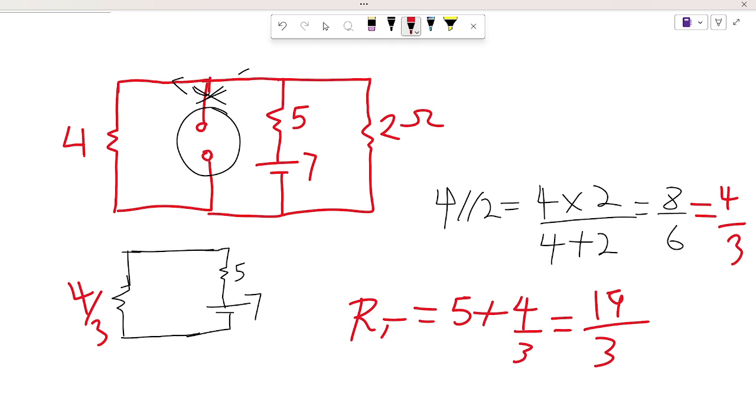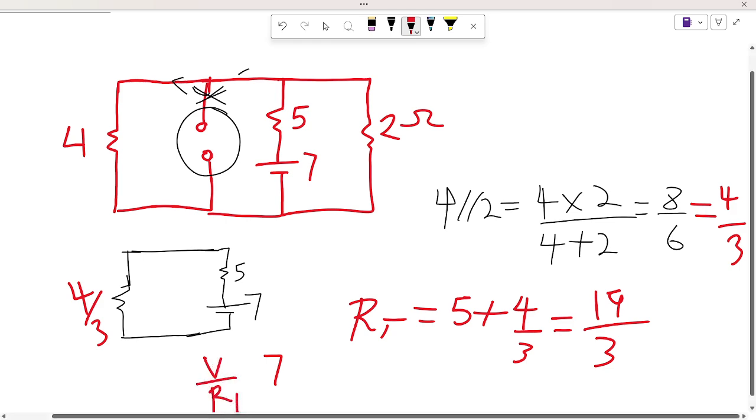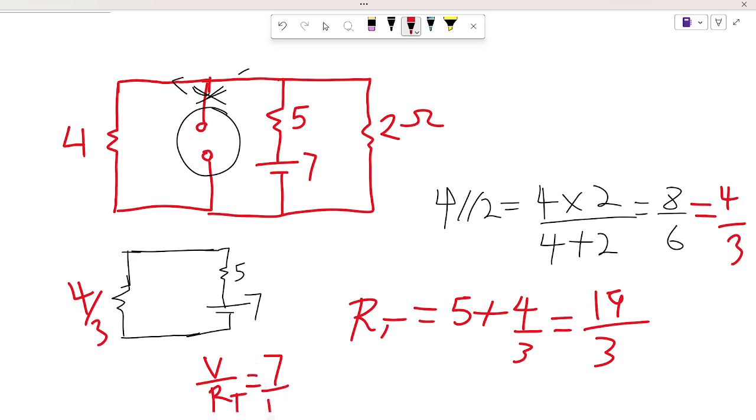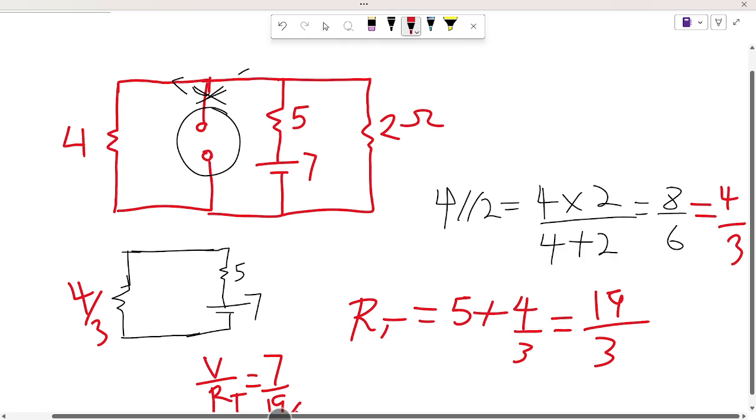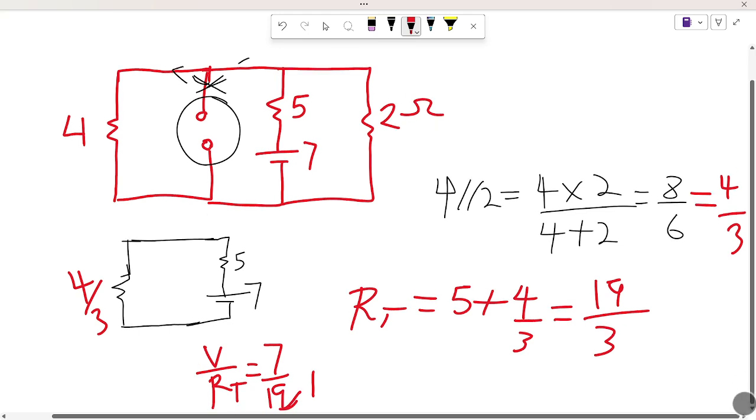So in this case, if we were asked to find the current flowing through the circuit, the total current is going to be our voltage V over our total resistance RT. Sorry, I think I have to come up.